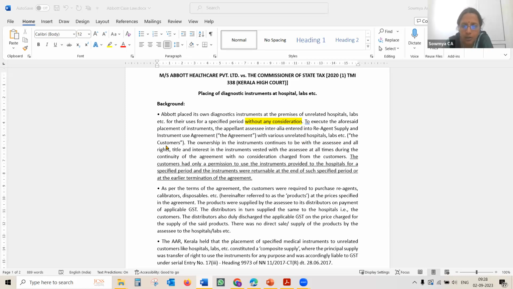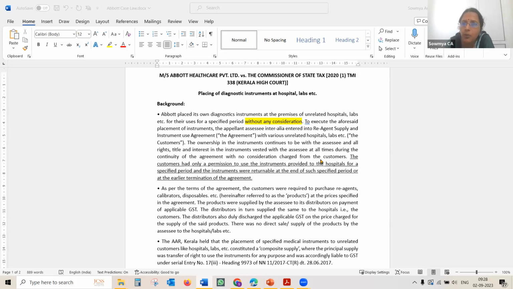So reagent doesn't mean principal agent or something. It is a chemical which is used for some testing purpose. That is why it's called reagent supply. The ownership in the instrument that is kept continues to be with ABOT, and all right, title, interest in the instrument vested with the assessee at all times during the continuity of the agreement with no consideration charged from the customer.